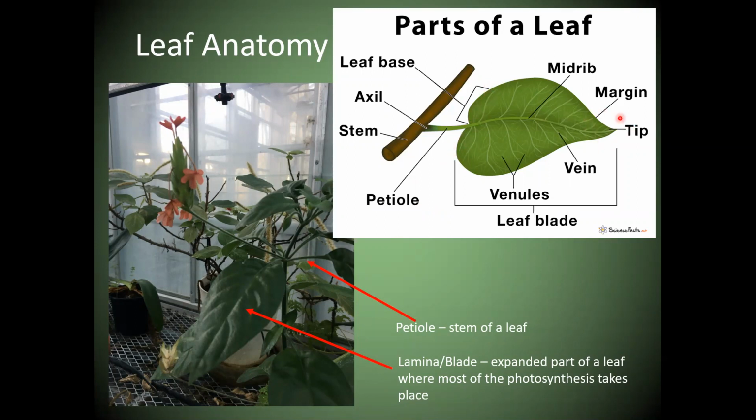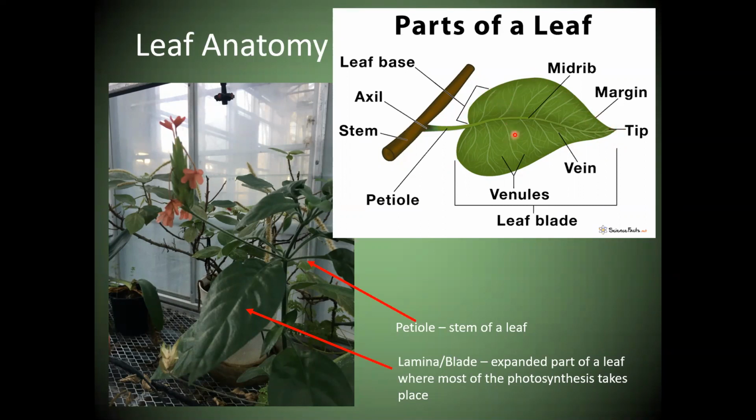The other end, which is usually pointy, is called the tip. In certain leaves, the tip is not pointy, it could be round. And the edge of the leaf is called the margin.